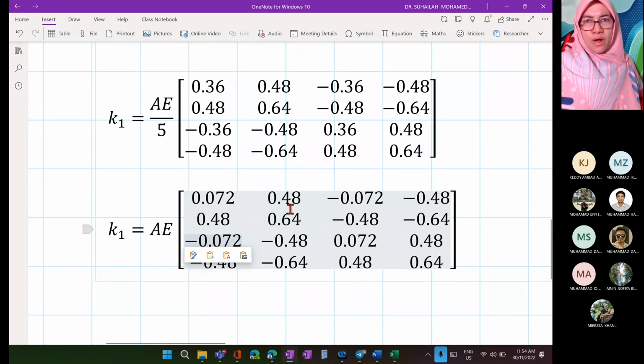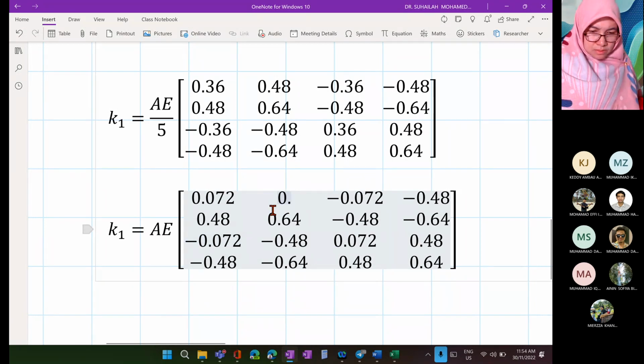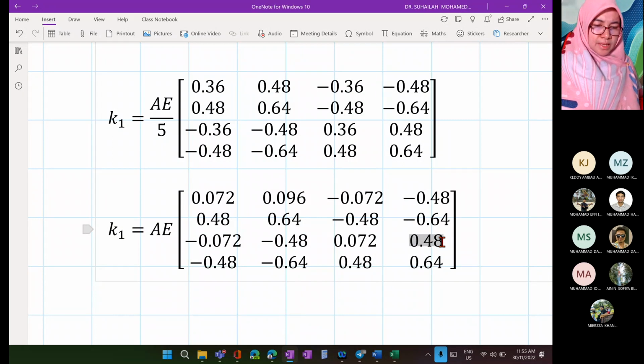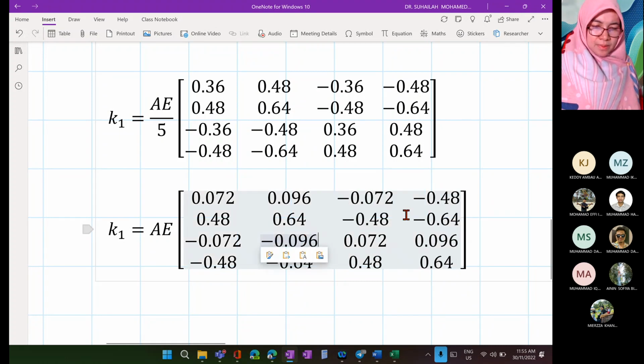Okay, 0.48 divided by 5 is 0.096. This one is negative 0.096, this is also negative 0.096.